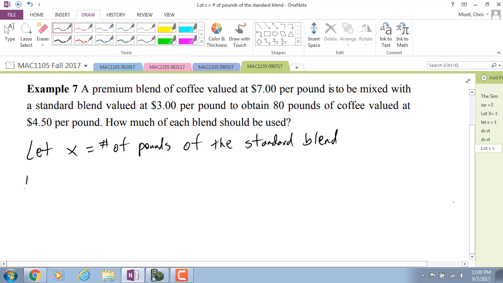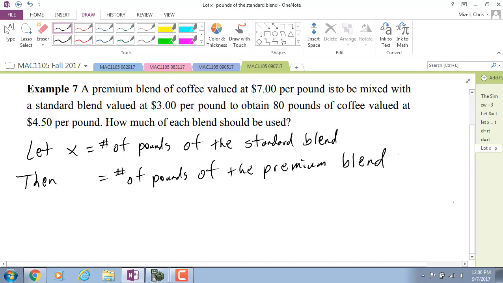If there's going to be a total of 80 pounds of coffee that we're going to use, then how would we calculate the number of pounds of the premium blend that we're going to use? So 80 minus x.